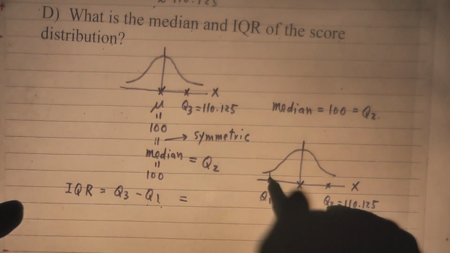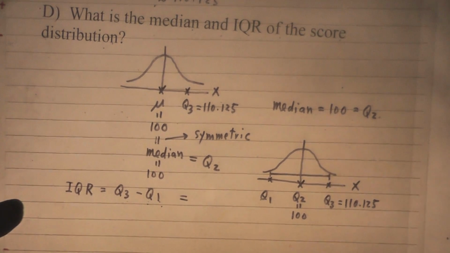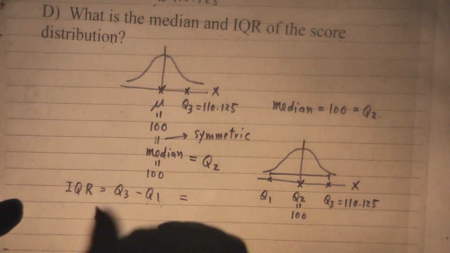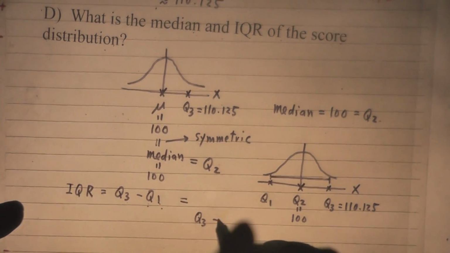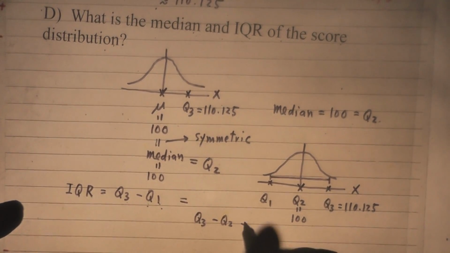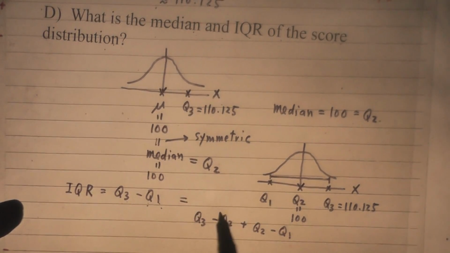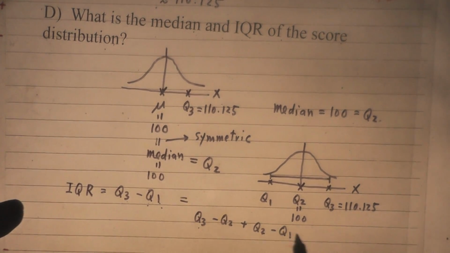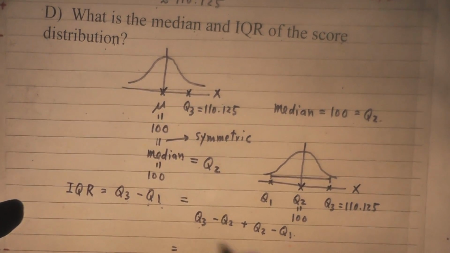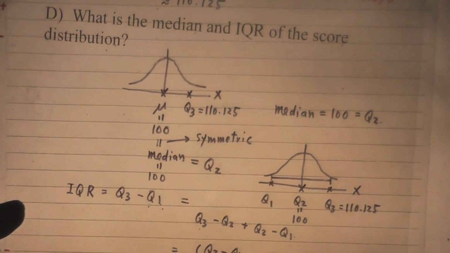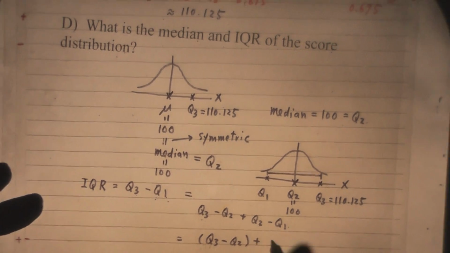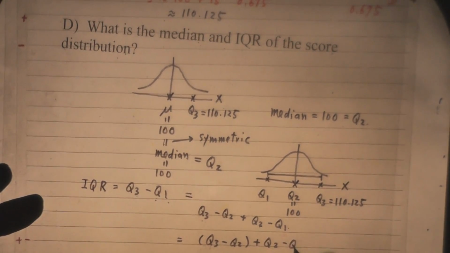To find the length from here to here, we can write Q3 minus Q1 as Q3 minus Q2 plus Q2 minus Q1. After cancellation, you still get Q3 minus Q1.